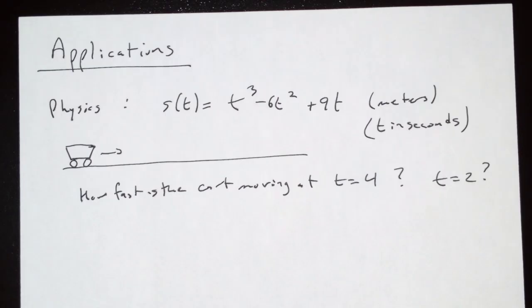Before I even worry about putting in times, 4, 2, how do I figure out how fast the cart is moving at any time?